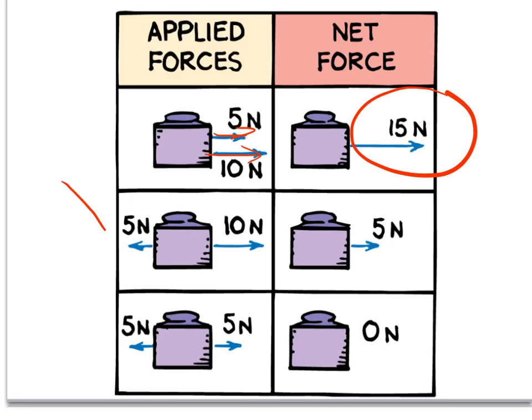In the case of this one below here, you have something that's pulling the object to the left with a force of 5 newtons and something pulling on it in the opposite direction with a force of 10 newtons. So overall that object is going to move to the right, and it's going to move to the right because there is a net force of 5 newtons acting to the right. In the case of the block on the bottom, you have 5 newtons going to the left and a 5 newton force taking it to the right, which equals out to be a net force of 0, and the object does not move anywhere.